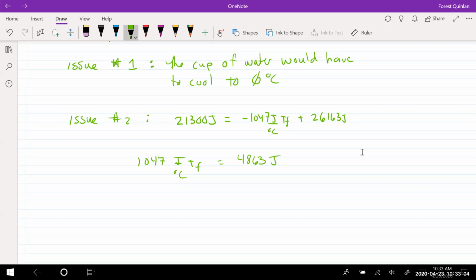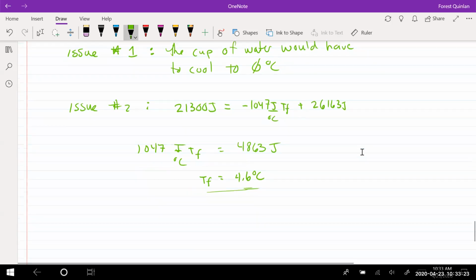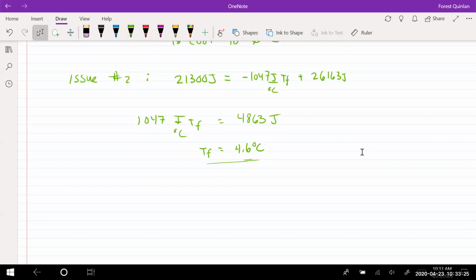Okay. Please divide that out. What's our final temperature? 4.6 degrees Celsius. Now, while this still makes sense, it is actually denying the fact that the ice would actually have to heat up. If you said that it just melted, then how did that 60 grams of ice suddenly become 4.6?